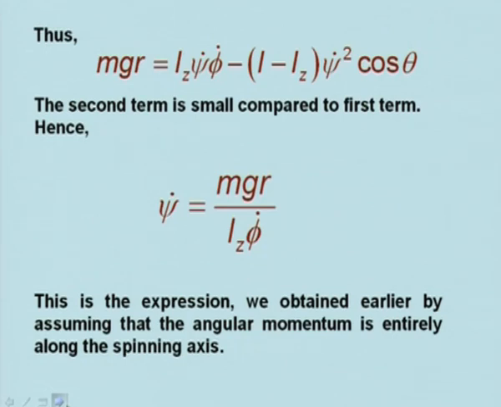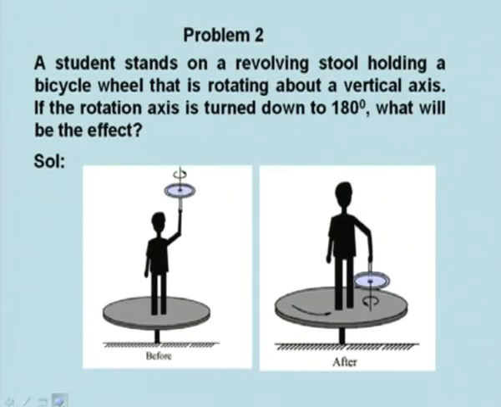This is the expression we obtained earlier by assuming that the angular momentum is entirely along the spinning axis. So we had got that expression based on that assumption, and now we are getting almost the same equation.